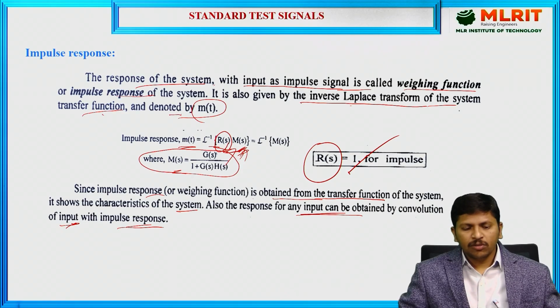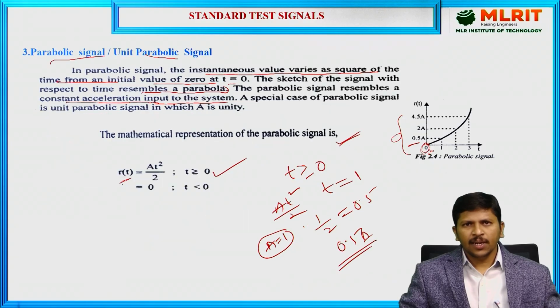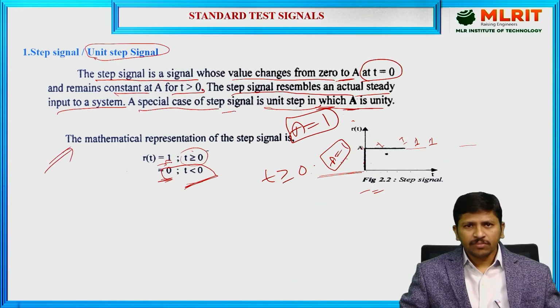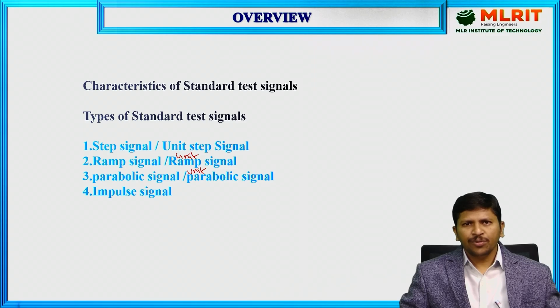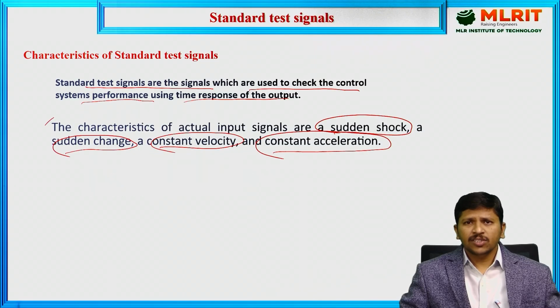This is about the standard test signals. Just observe the characteristics: a sudden change, a sudden shock, a constant velocity, and a constant acceleration. We use test signals just to check the performance of the system.